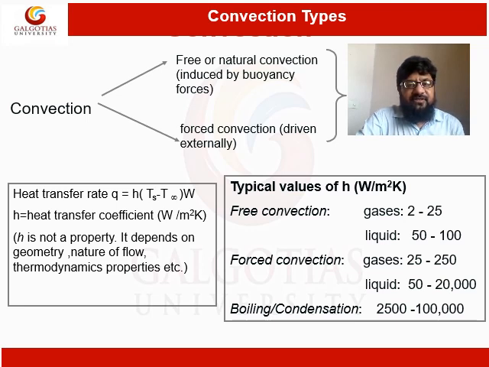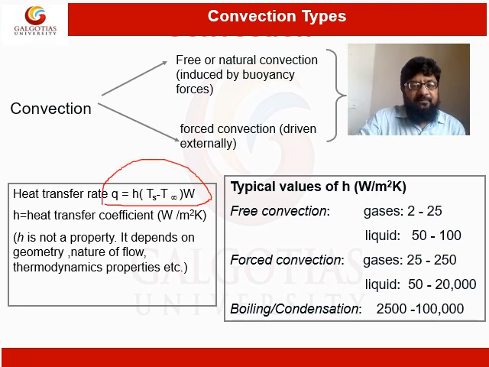The heat transfer rate in convection can be easily calculated by using Newton's law of cooling, where the heat transfer rate is given as Q = h times the temperature difference between the solid surface and the fluid temperature coming over it. h is known as the heat transfer coefficient.